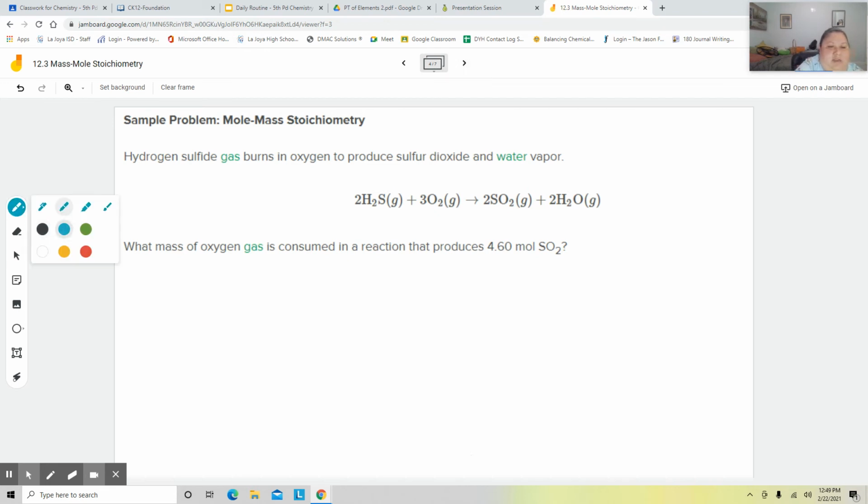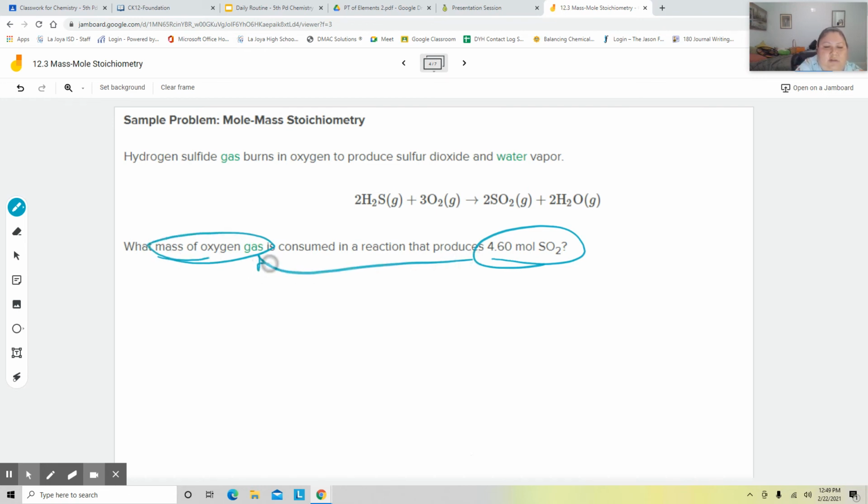Okay, so let me go in here. Here's my 4.6 moles. Here's my mass of oxygen. SO2 is right here. Here's my oxygen, and I'm changing this guy to this guy. Right?